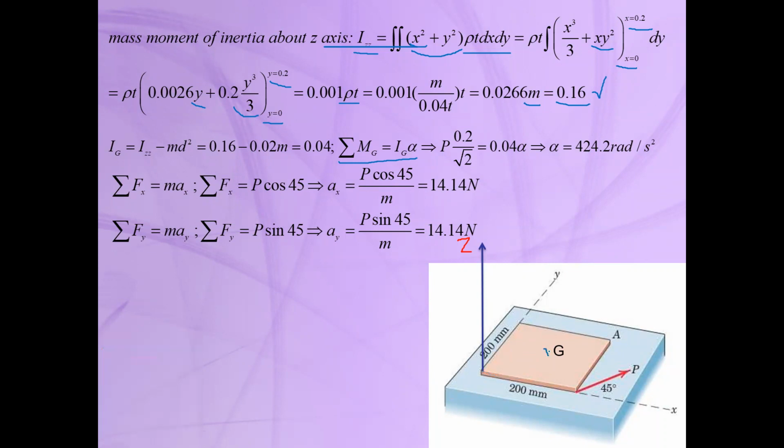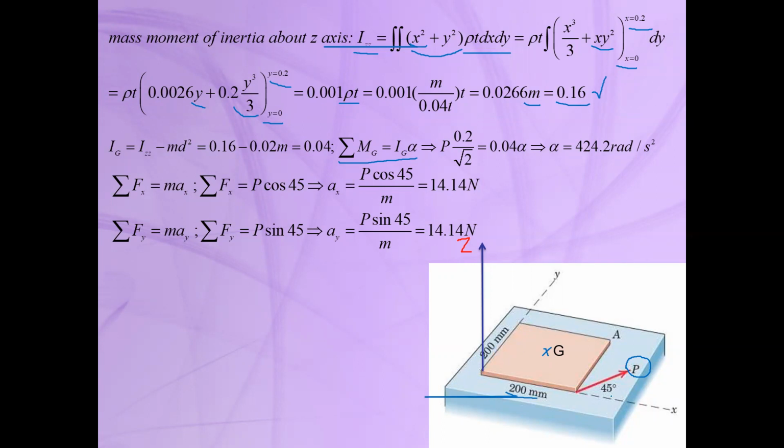If you want to calculate the moment about this point, which is the mass center, only this force P will create some moment. It will have two components, one in y direction and the other in x direction. The y direction will be P times sine 45, and its arm is 0.2 or 200 divided by 2, and the other one is P times cosine 45, and again the arm is 200 divided by 2.